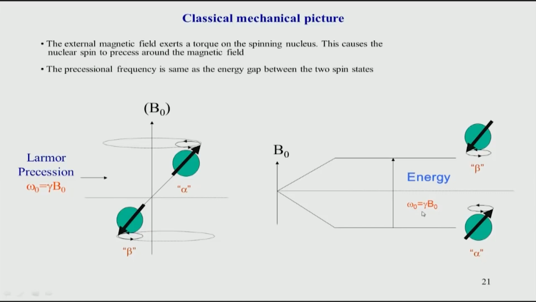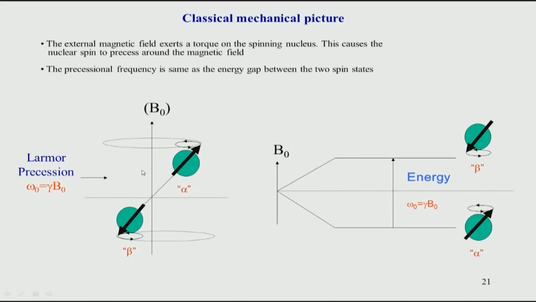The frequency of excitation is given by omega 0 equal to gamma B0. So there is an exact match between the two, which is expected because we are looking at the same system from two different perspectives. But what is interesting is that whatever we can see from the quantum mechanics point of view can also be understood from a classical point of view.